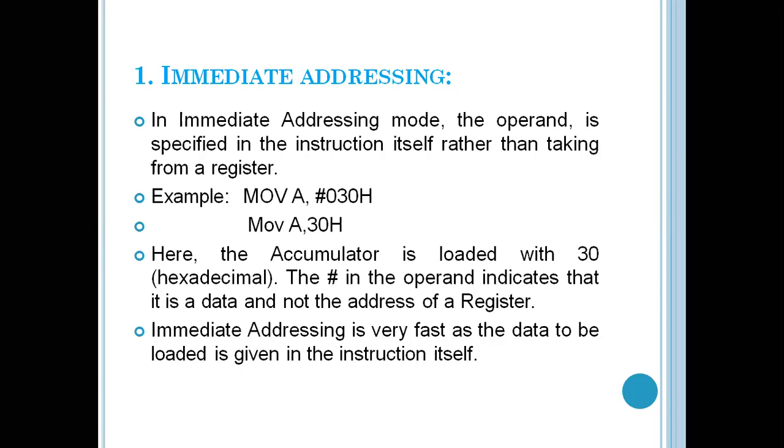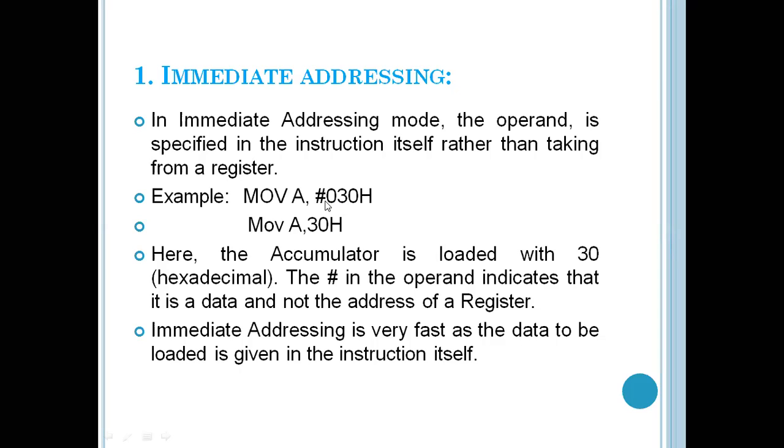In our system, we are only dealing with data and the memory location. So there might be confusion whether 30 will be taken as data or as a memory location. To avoid this confusion, in the immediate addressing mode we are directly giving the value or the data.